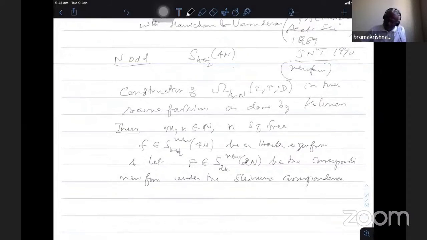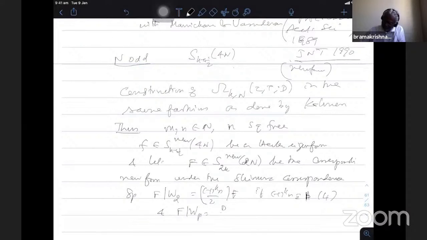Now again, like before, assume that F|W_2 is (-1)^{kn/2} F if (-1)^{kn} is 1 modulo 4. I think we also need the other W operators, so also F|W_p is (D/p) (-1)^{kn} F, where p divides n.